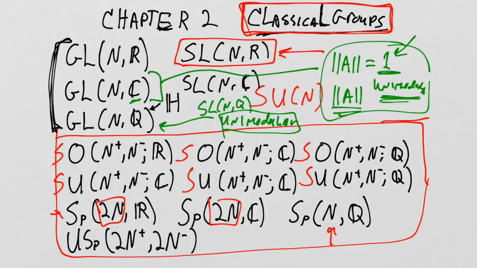But all of these are based on a different type of demand, and we have to go through that next time. We have to understand the different demands we have on the underlying transformation of the carrier space. And then we have to find the matrix group that executes that specific transformation. And then we cluster those together, we verify that it's a group, and then we add it to our list of classical groups.